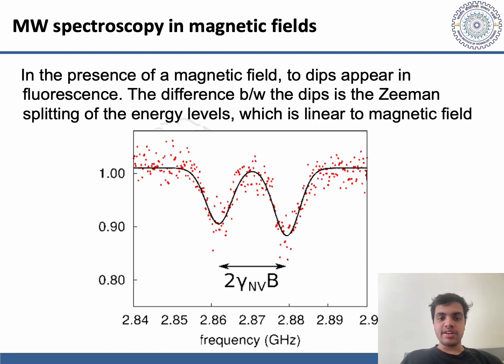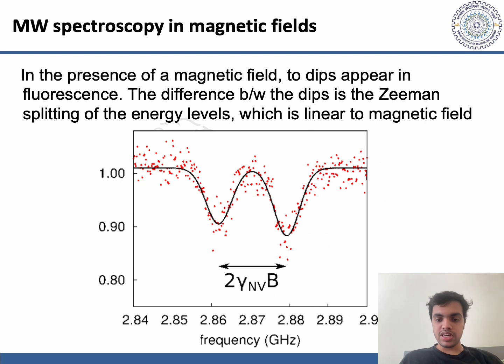Let us say that the magnetic field points in the z direction, then the minus 1 state would be at a lower energy and the plus 1 state would be at a higher energy. So you reach a frequency which corresponds to the transition between the ms equals 0 and the ms equals minus 1 state, and at that point you see a dip in intensity.